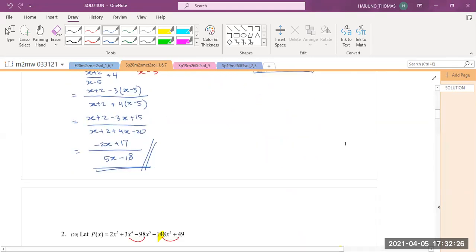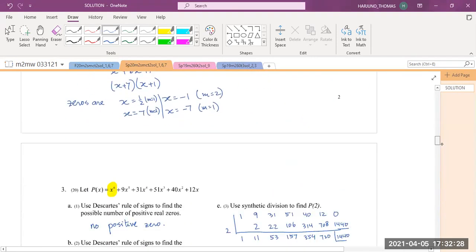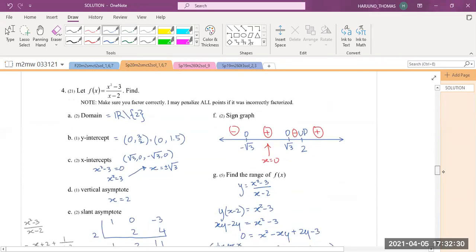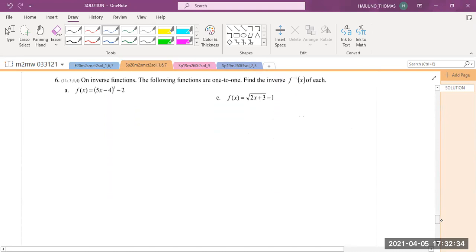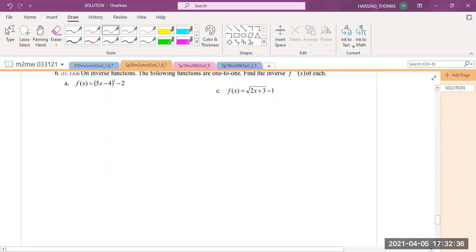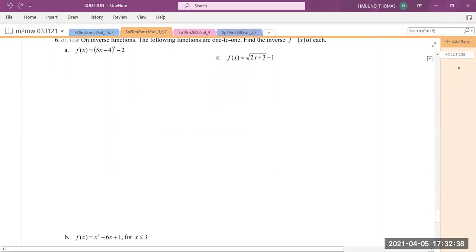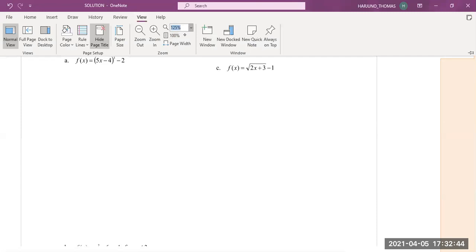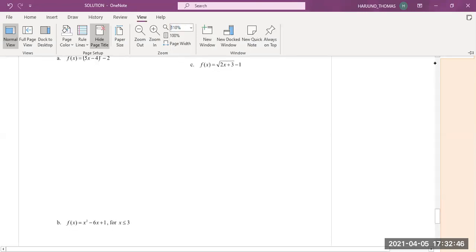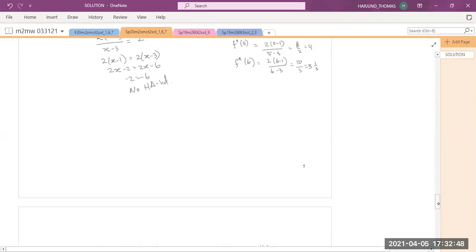Now then, let's see number 6. I would like you to do number 6. Where's that number 6? Here. Yeah, that's number 6. I hope this is better visible.